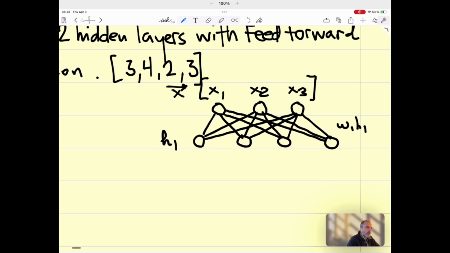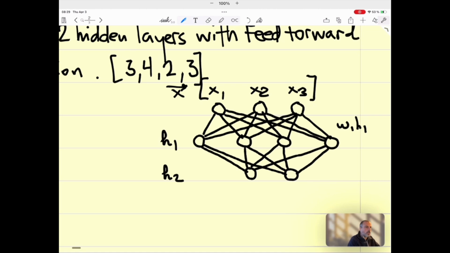Then we go ahead and paint our H2. Again, a fully connected thing. Fully connected means all neurons are connected to all other neurons, and that's weight H1 to H2.